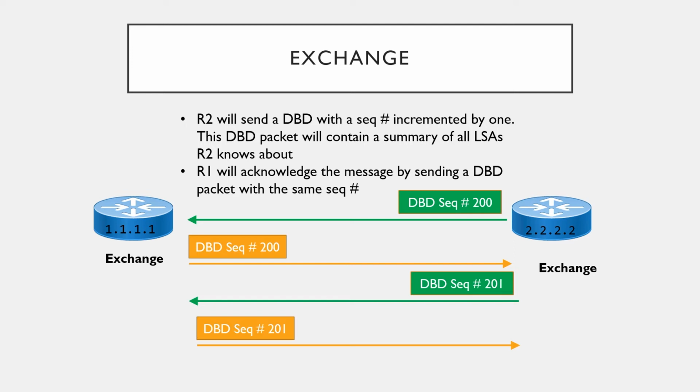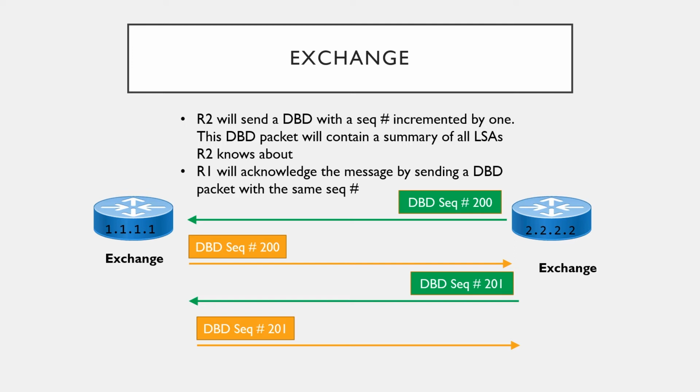He sends that database descriptor packet with a sequence of 201 back to R1. R1 is going to receive it and acknowledge it by sending a database descriptor packet matching that sequence number of 201. And within that database descriptor packet, he's embedding his information about his link state database as well. So he's going to highlight all the LSAs that he knows as well.